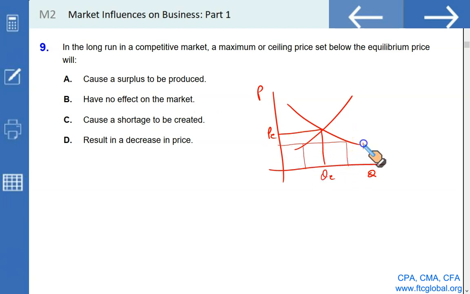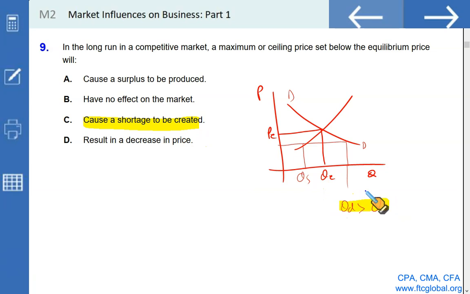Now, you can see that at this price level, the quantity demanded is more than the quantity supplied. So when the demand is more than supply, this would cause a shortage to be created.